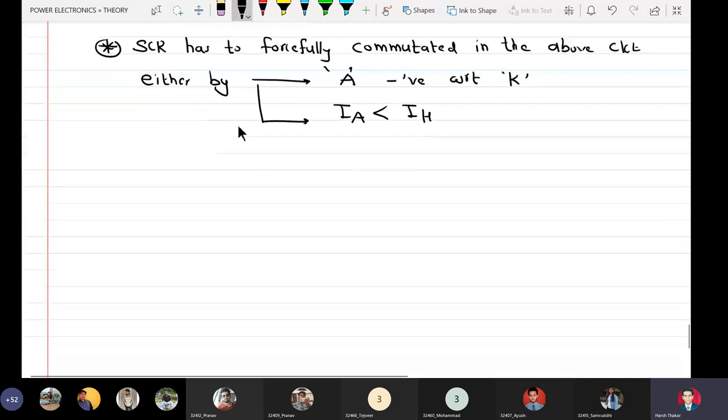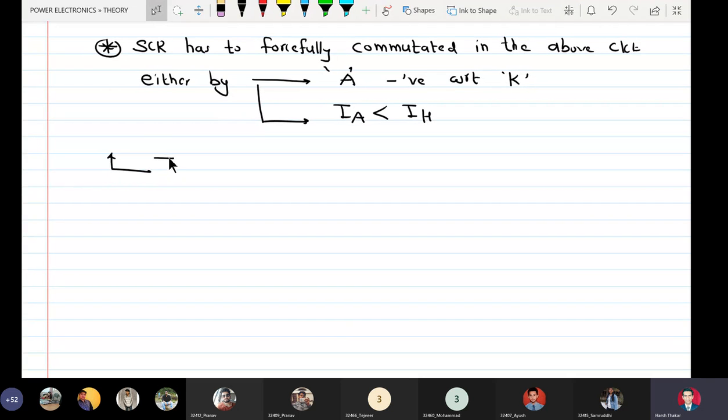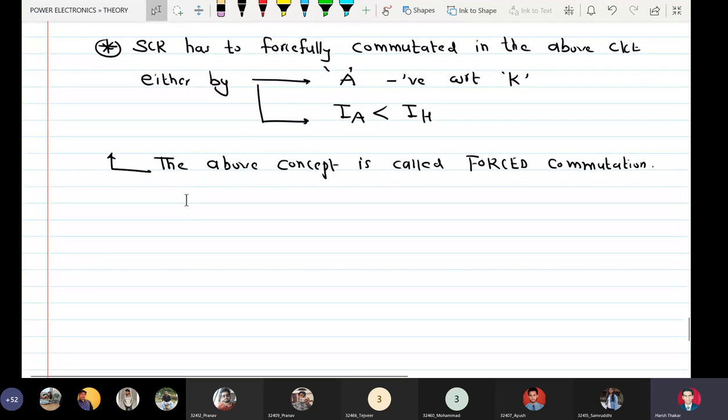This is called as force commutation. Okay, so we can say the above concept is called forced commutation.